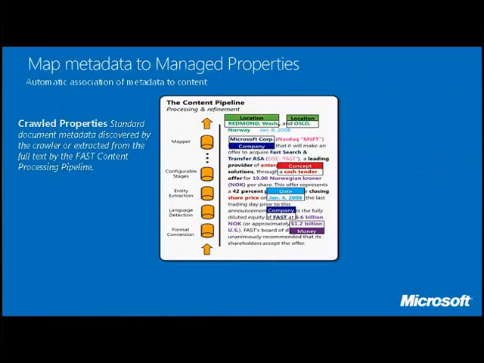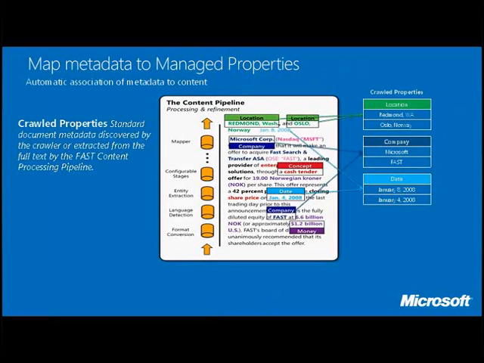So the crawled properties, again, are the things that we're going to be populating here. We're going to do some locations and some companies and some concepts. We're going to pull all of those things out. We're going to capture them. The colored block is the field. So we have a location field and a company field and a date field and a concept field. Those are 4 of the fields in my index schema.